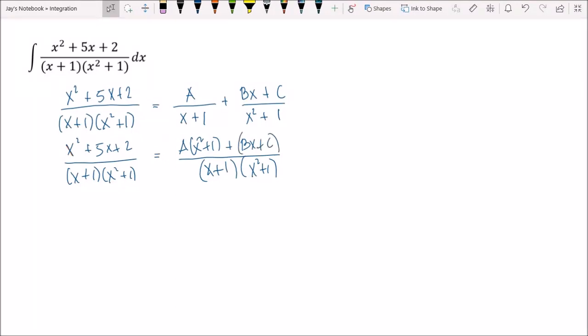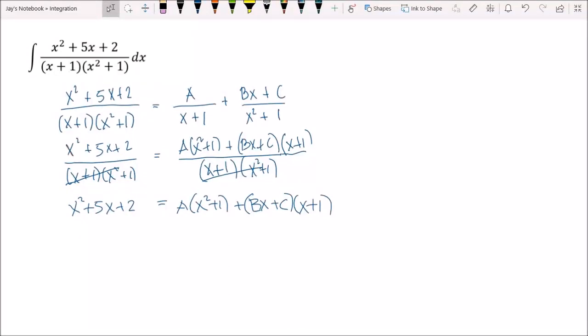Then we cancel out x squared plus 1, so the remaining would be x plus 1. So if we cross multiply, we can cancel these out. So the remaining would be x squared plus 5x plus 2 is equal to A times (x squared plus 1) plus (Bx plus C) times (x plus 1).